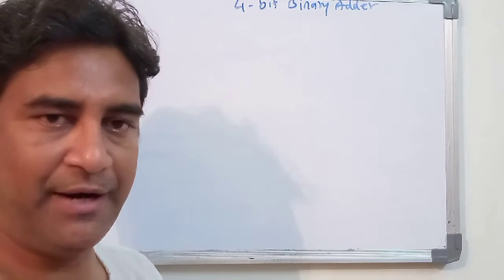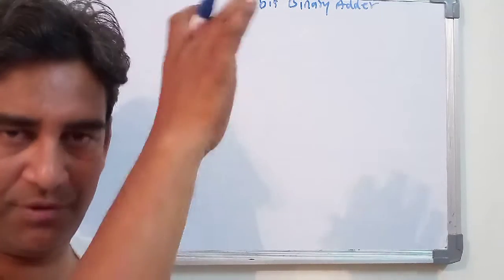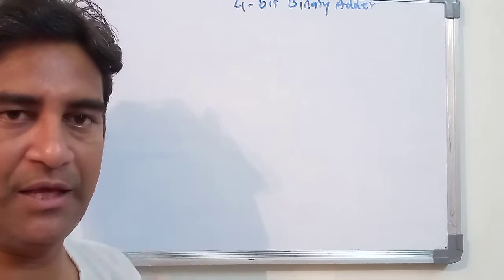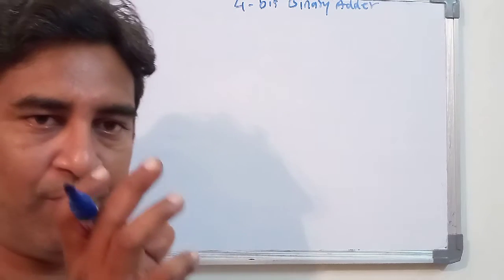Since the binary adder truth table for the 4-bit is very long, we are able to understand the 4-bit binary adder only by the logical diagram, only by the blocks.